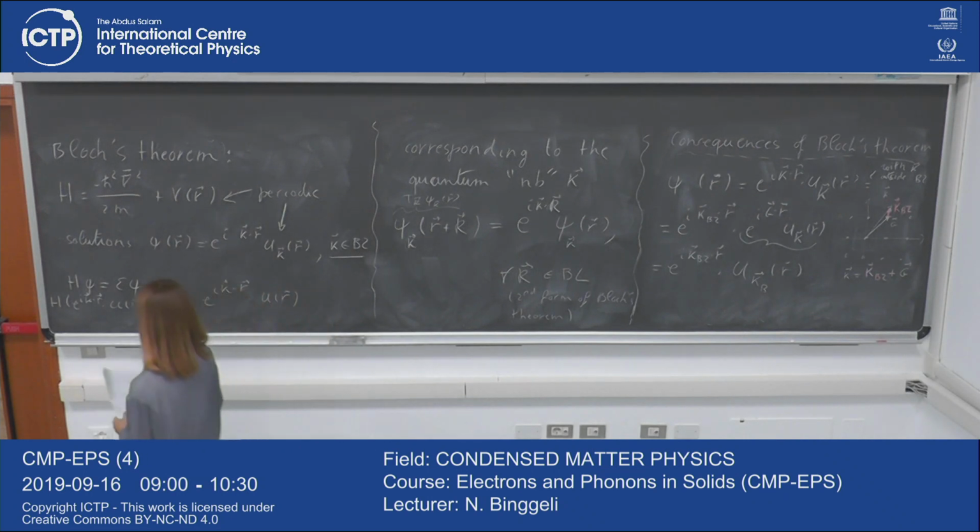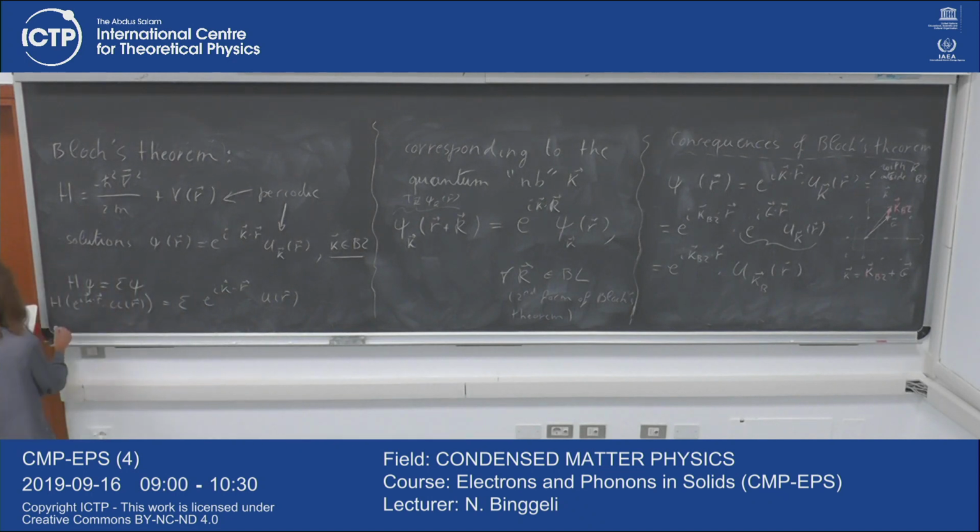And we know that our Hamiltonian here includes second order derivatives, so we have the Hamiltonian that is gradient squared over 2m. So we have to derive twice a product of two wave functions.